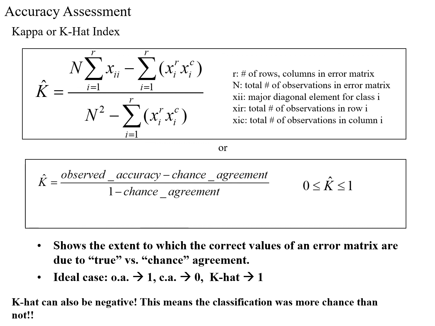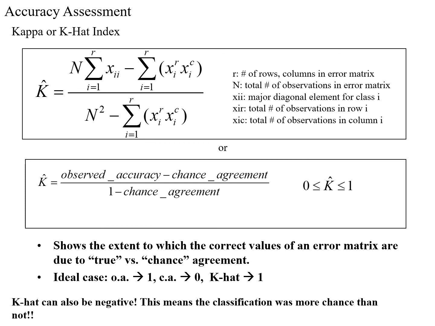So we've sort of taken away the chance agreement and then divided by 1 over the chance agreement. And this shows the extent to which the correct values of the error matrix are due to true or chance agreement, okay? So in an ideal case, OA, the observed accuracy goes to 1, the chance agreement goes to 0, because you have like a lot of classes, and the k-hat therefore goes to 1.